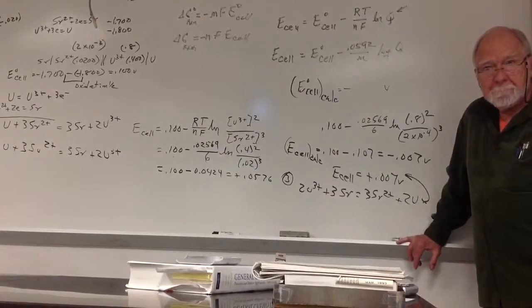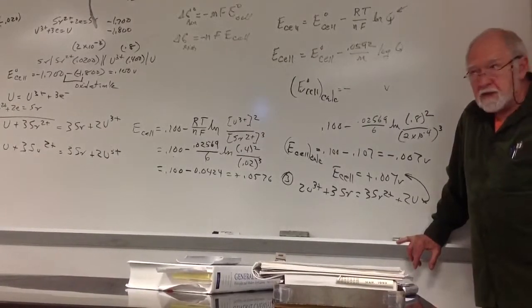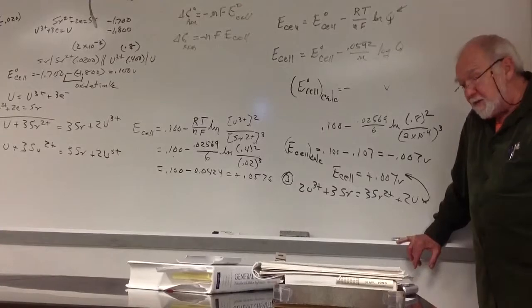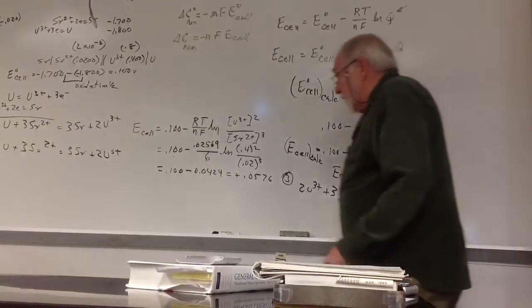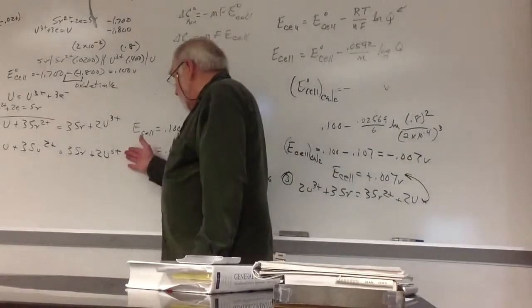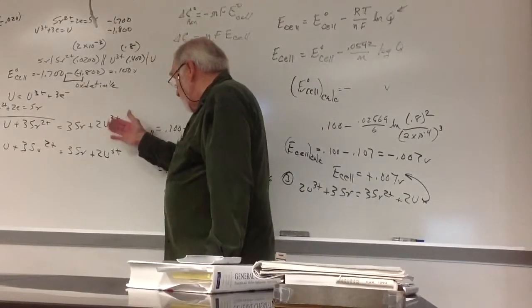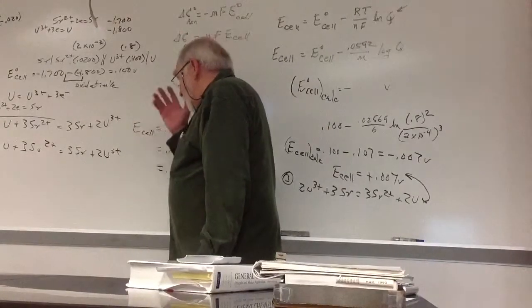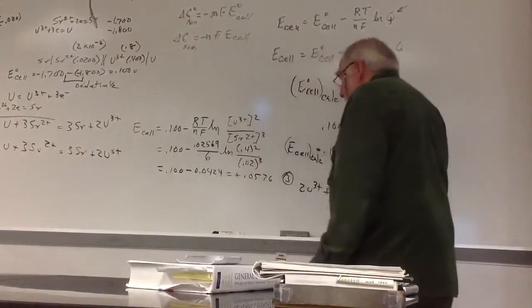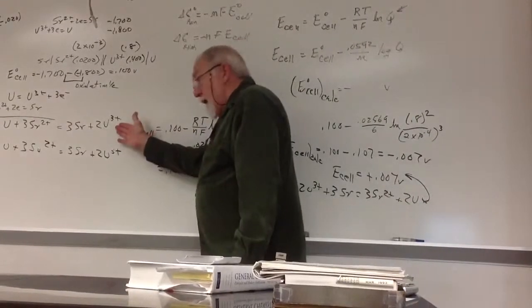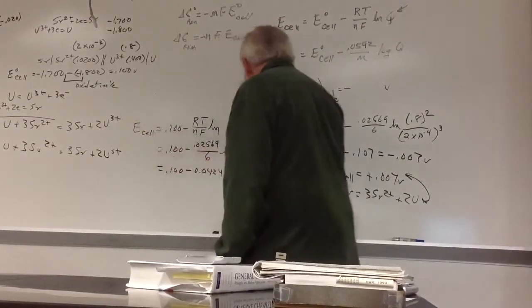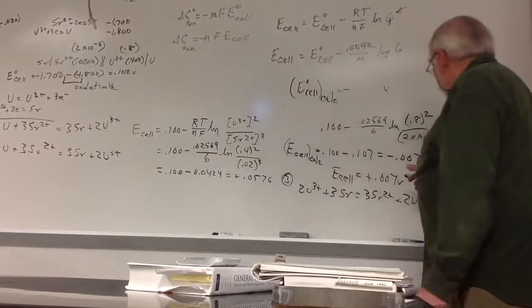Okay. So that's why you want to think what's happening here. In standard states, for the original problem, this was the spontaneous reaction. When I did the calculation for this problem, I started with the same reaction here, and I calculated a negative number.